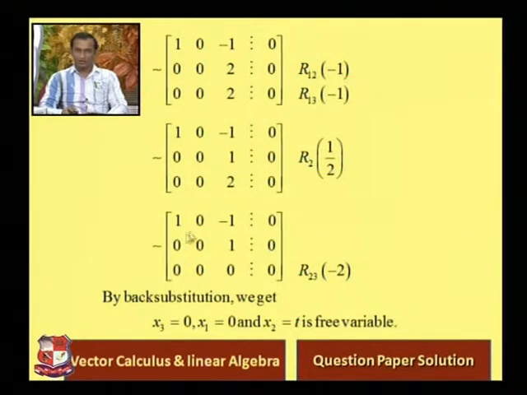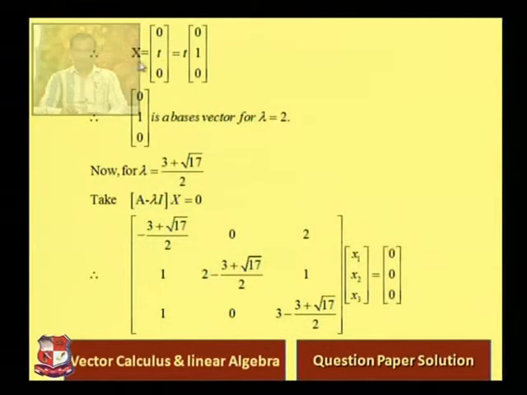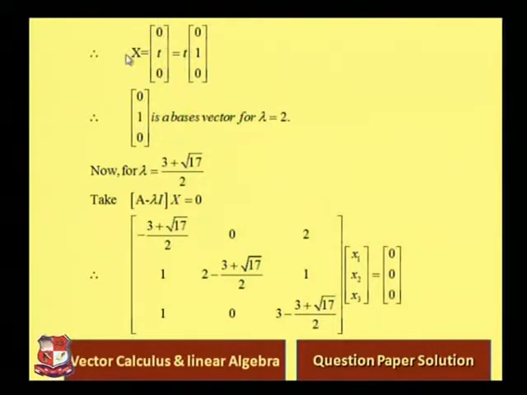So x2 is a free variable, so we consider one parameter, that means we suppose x2 equal to t. So x3 is 0, x1 is 0, and x2 is t, the considered parameter. So we get the eigenvector x equal to 0, t, 0. So t is common, and 0 1 0 is the eigenvector without the parameter. Therefore 0 1 0 is the basis vector for lambda equal to 2.